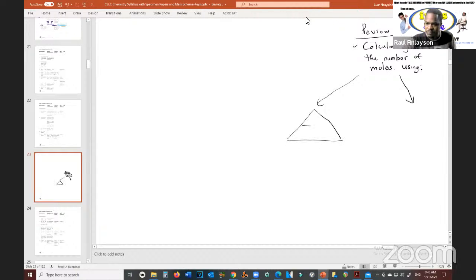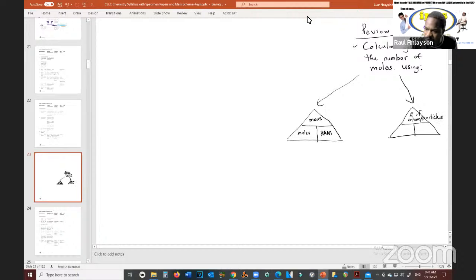And we have here the formula that says that moles is equal to mass over, of course, RAM, or we could call that molar mass as well. And then over here, we could also use the formula as you were mentioning, where we get the number of particles, or the number of atoms, up top here.